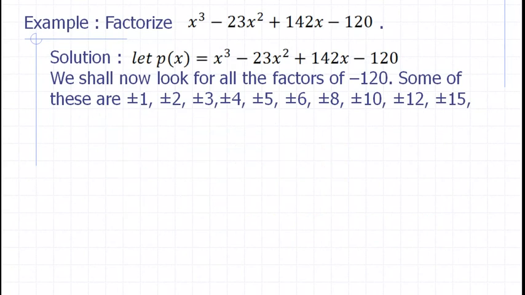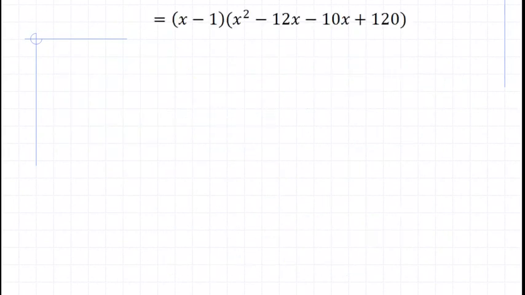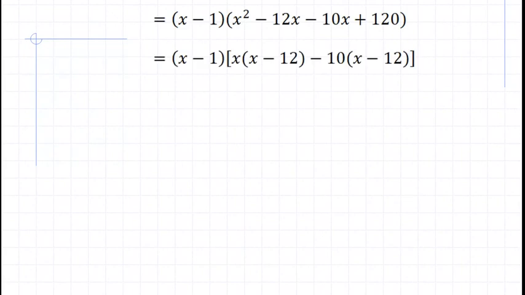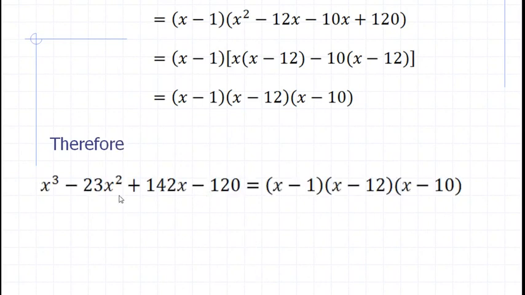If you are facing any problem, let me know, we have to discuss again and again till the clarification. So be careful and study well. Okay students, so the polynomial x cube minus 23x square plus 142x minus 120 is factorized in three parts, x minus 1 into x minus 12 into x minus 10.